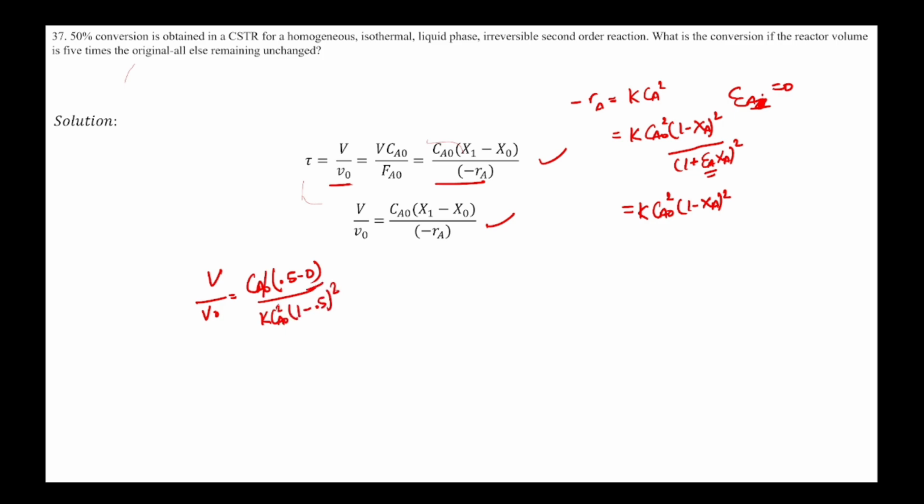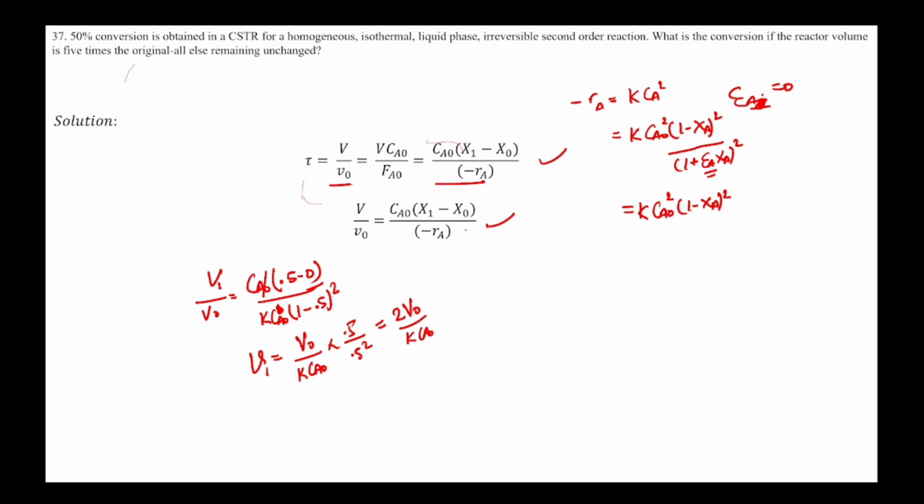Ca naught will cancel out. So V, that is V1, is V naught upon K Ca naught times 0.5 upon 0.5 square. So this will become 2V naught upon K Ca naught at first condition.